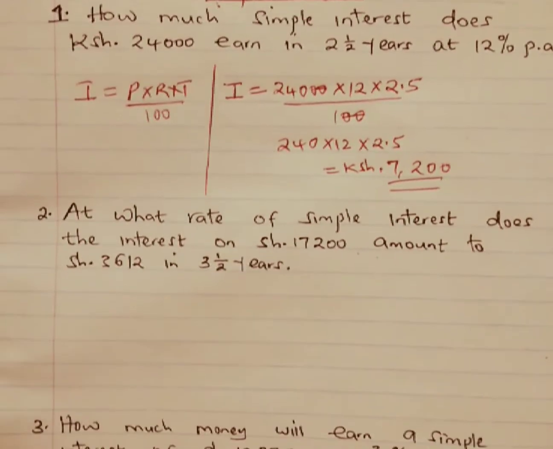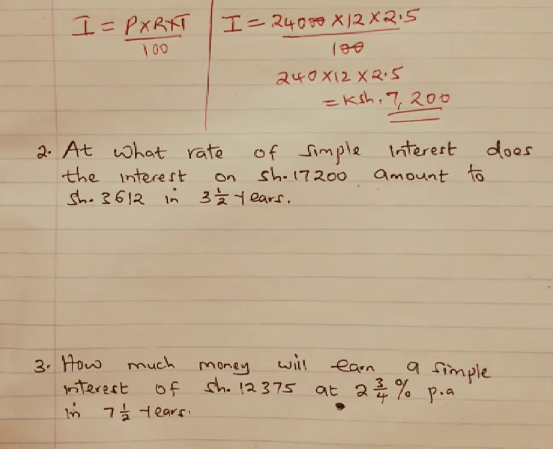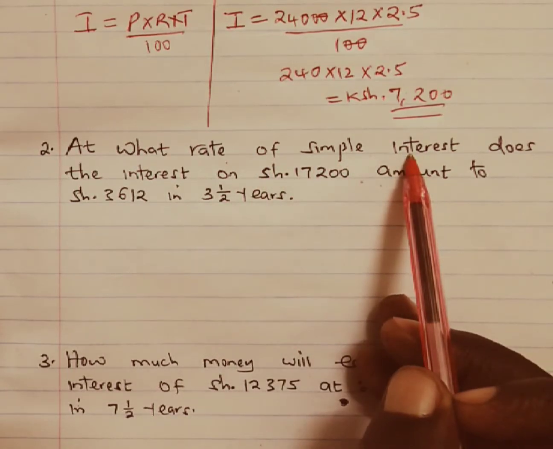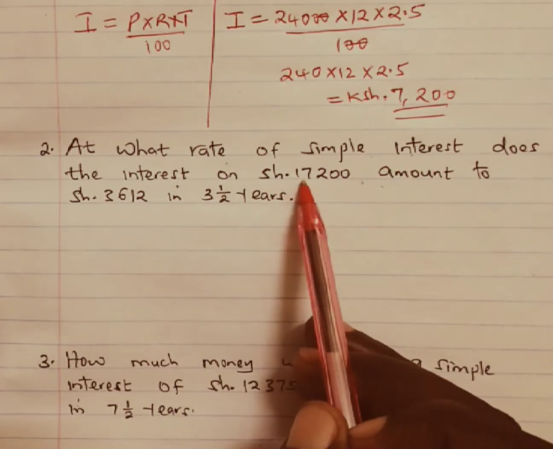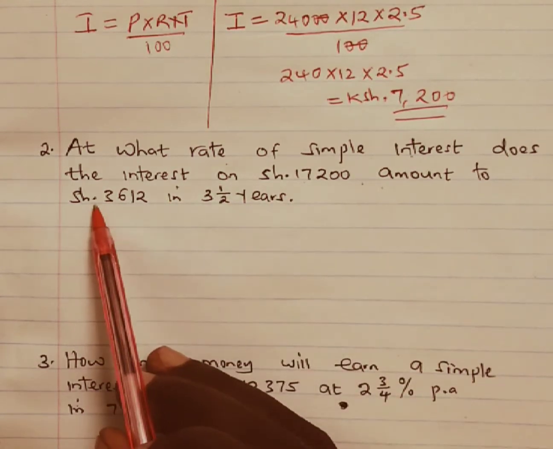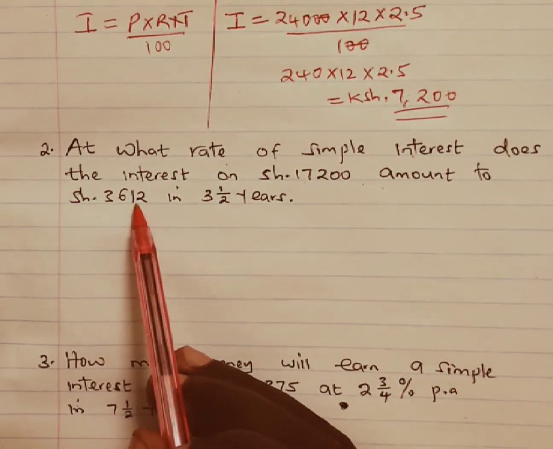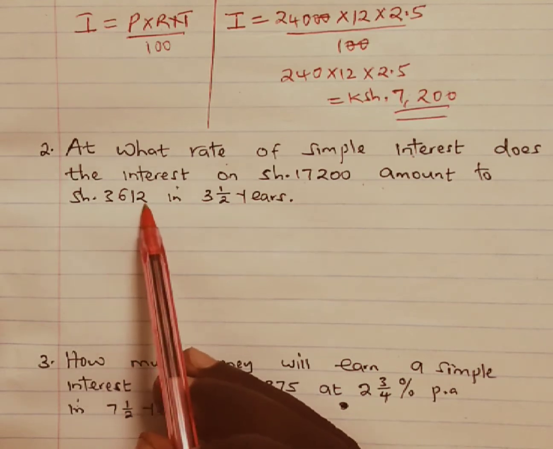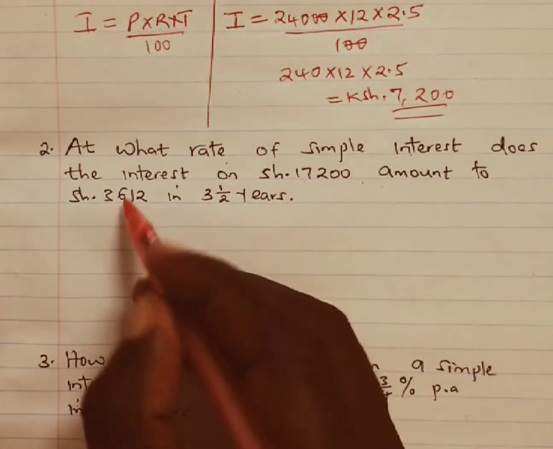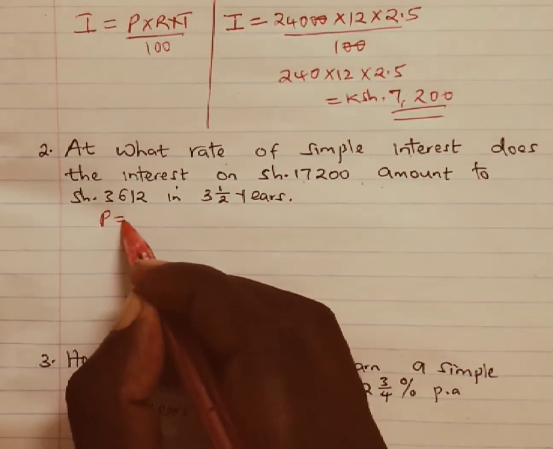Let us go to another question. Question number 2. At what rate of simple interest does the interest on 17,200 amount to shillings 3,612 in 3.5 years? We have been given the principal.